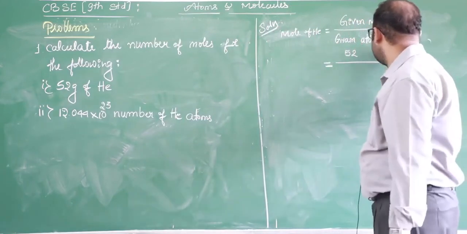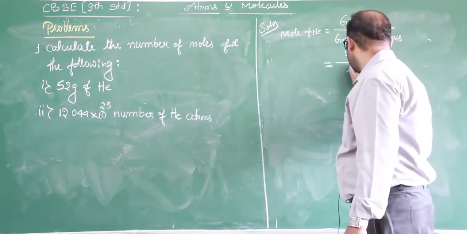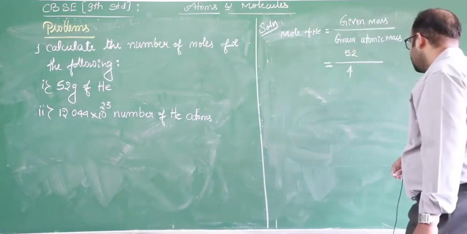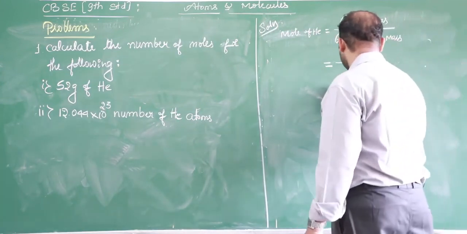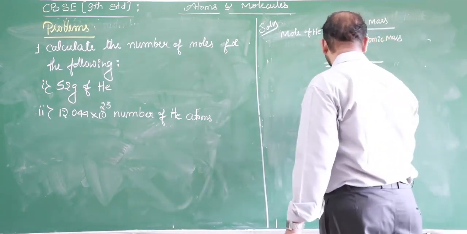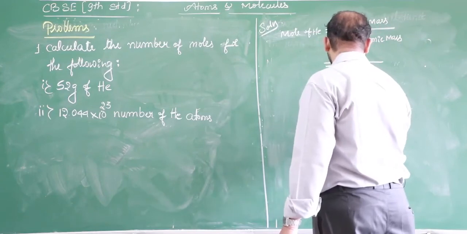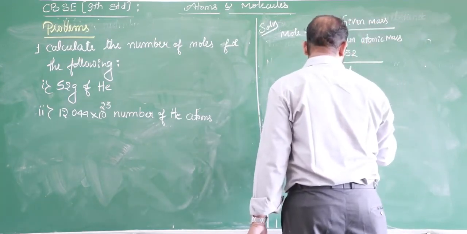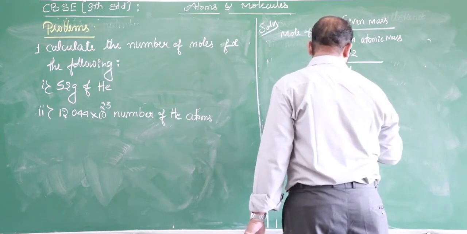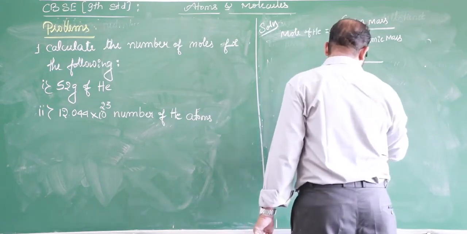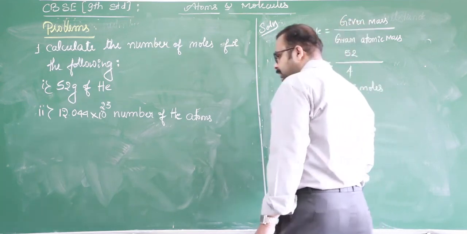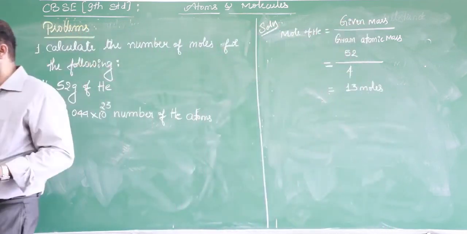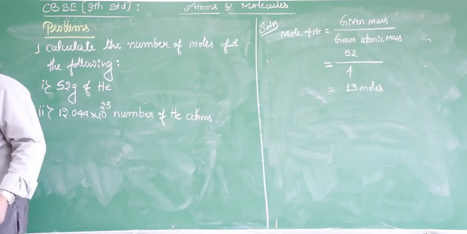Helium is 4. If you solve this, 4 13s are 52, so there are 13 moles present in 52 gram.